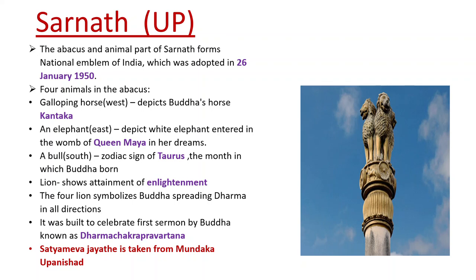This is the place where Buddha gave his first teaching to his first five students. So the place Sarnath is important, and this is called Dharma Chakra Parivartana. And here is additional information: Satyameva Jayate can also be seen in our national emblem, and it is taken from the Mundaka Upanishad.